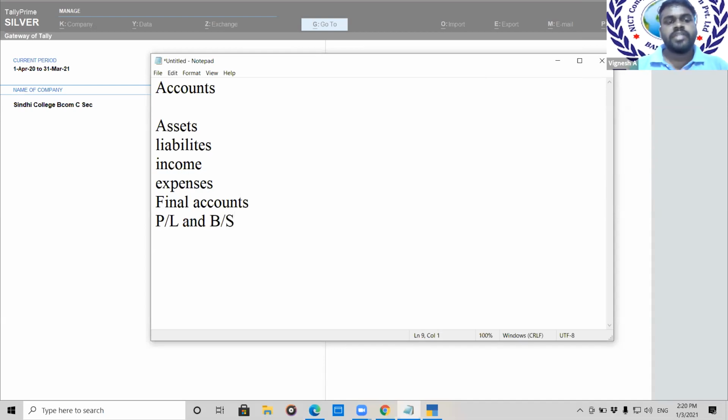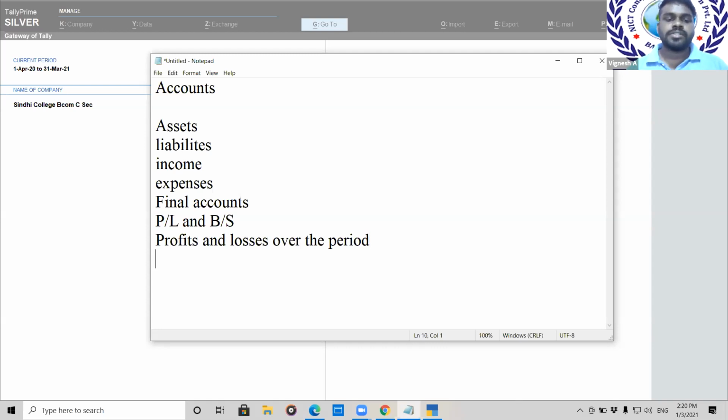The profit and loss account shows your profits and losses over the period. Whatever period you specify, in that period, it shows whether you have gained or made a loss.